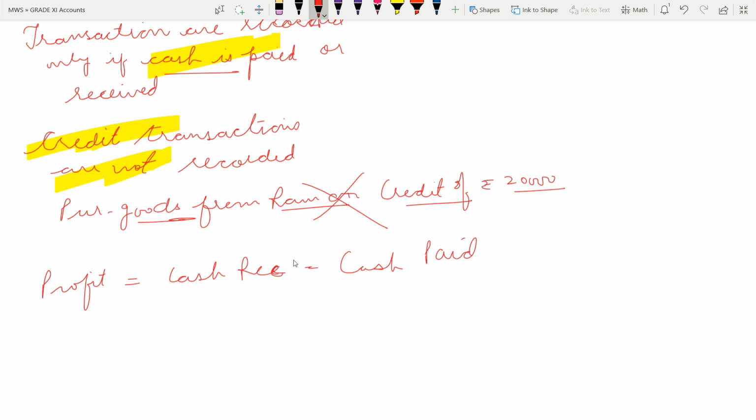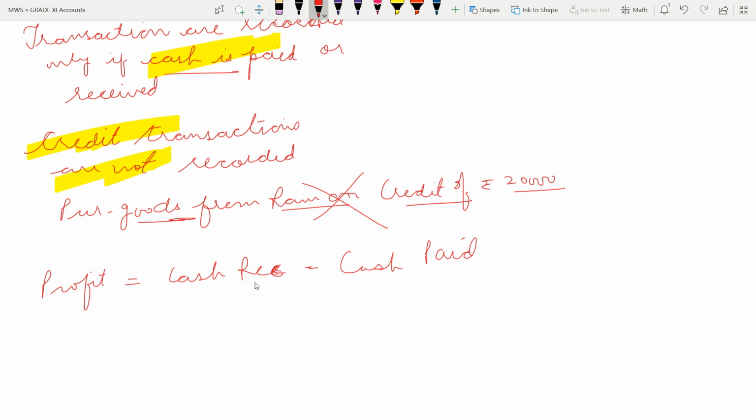Because we are only recording those transactions in which we are receiving cash or paying cash. So we subtract cash payments from cash receipts to get to know how much receipts are more than the payments. Simple. So we'll get to know about the profit or income.